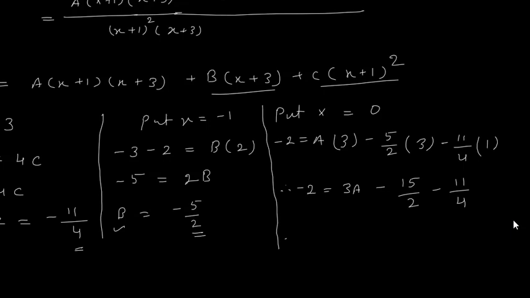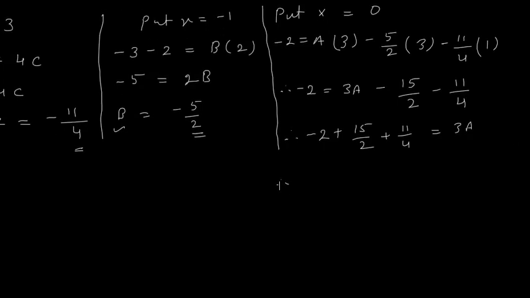So therefore this minus 2 will come on this side. So minus 2 plus 15 upon 2 plus 11 upon 4 is equal to 3 times a. So therefore I will take the LCM. LCM is 4. So this is minus 8 plus 30 plus 11, whole divided by 4, is equal to 3 times a.